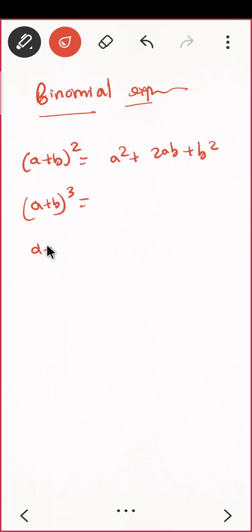See, if you want to find a plus b the whole square, do you remember the formula? Perfect, very nice. Can you similarly do for a plus b the whole cube and a plus b raised to 4 and so on? Do you see, it is quite difficult to remember all the formulas, correct?